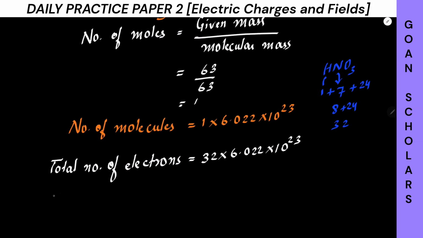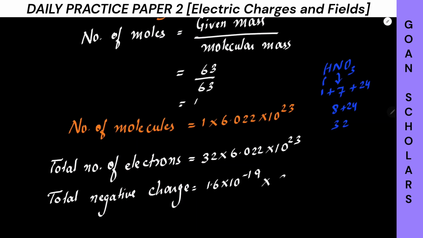Next, let's calculate the total negative charge, because these are the electrons, not the charge. So total negative charge, what is the charge present on a single electron? 1.6 into 10 raised to minus 19, and overall this will be 32 into 6.022 into 10 to the power 23. Correct?